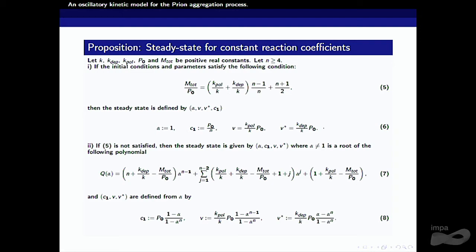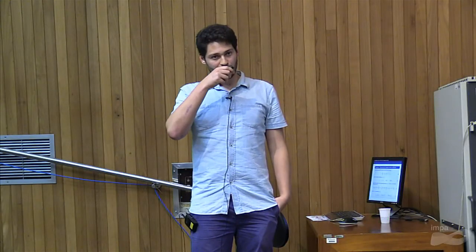Then we were able to find steady states for these systems.